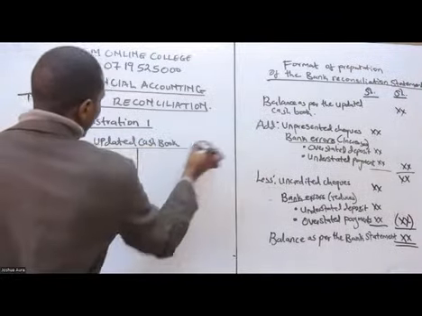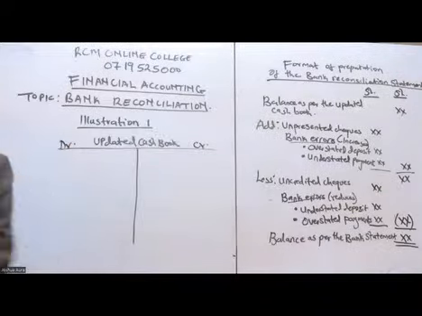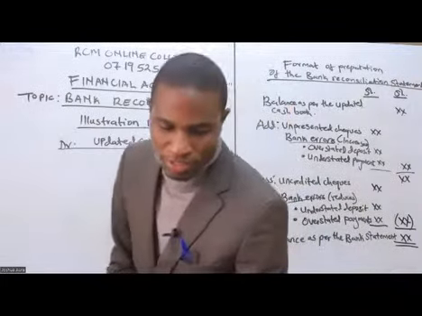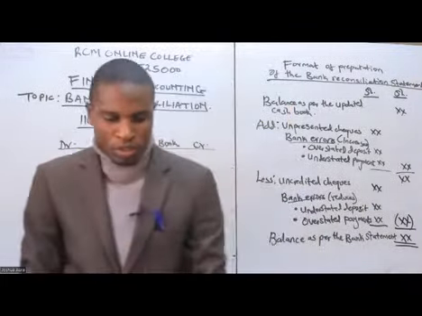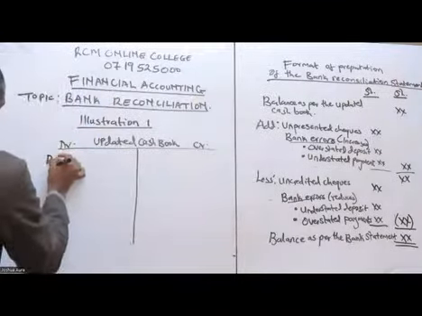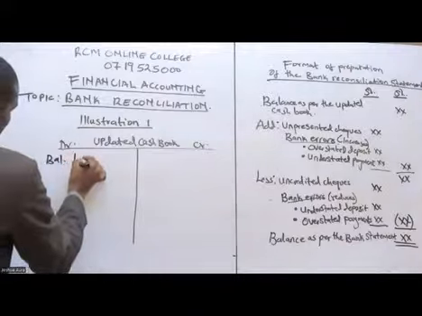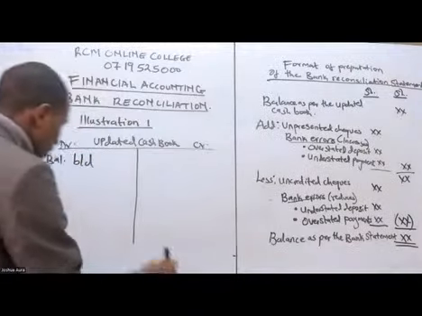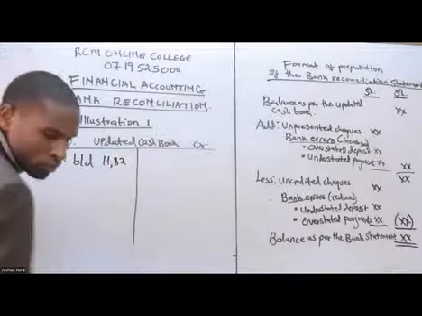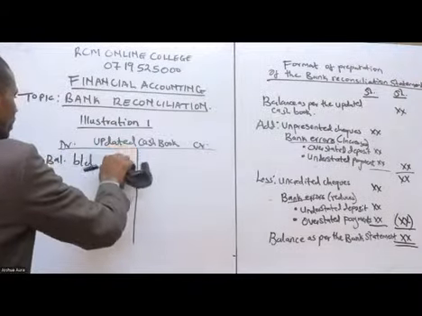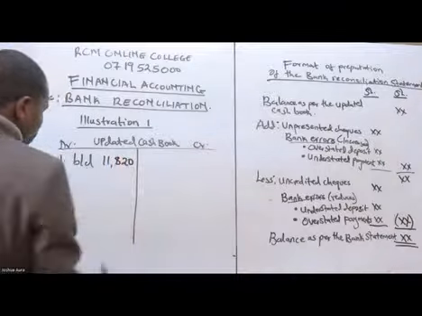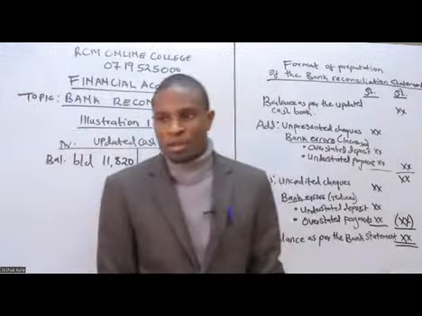So we have credit, we have debit. We are given the balance, the balance brought down. We can see we are given 11,820. That is the balance that was brought down.